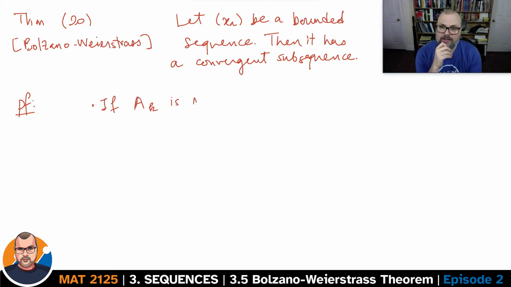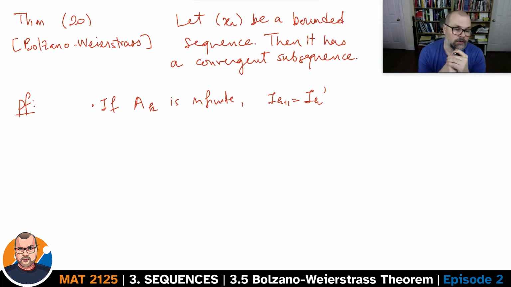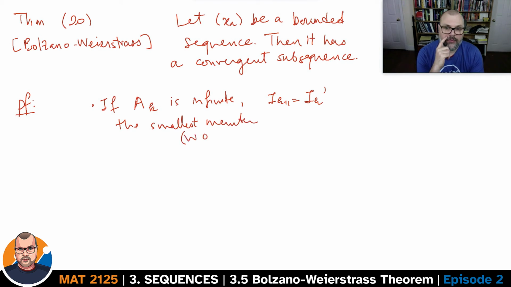If A_k is infinite, then we set I_{k+1} as I_k prime, and A_k will have a smallest member, which we know exists by the well-ordering principle. The smallest member, we'll call it n_{k+1}.